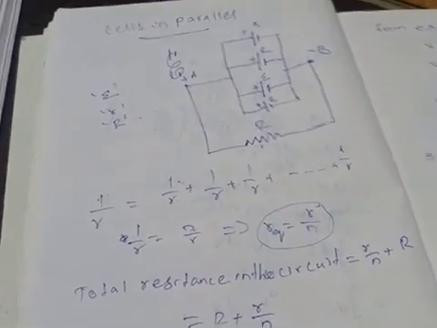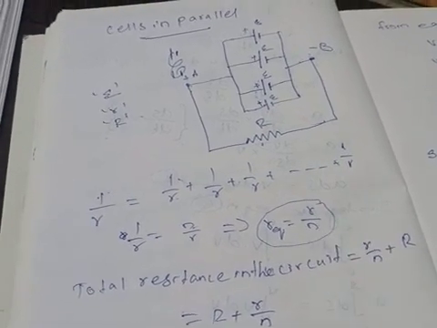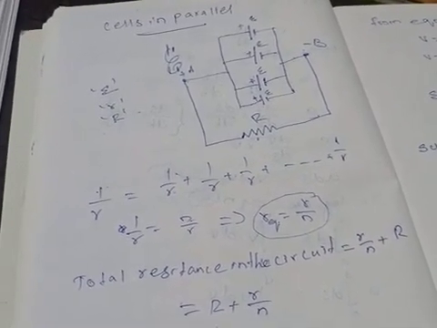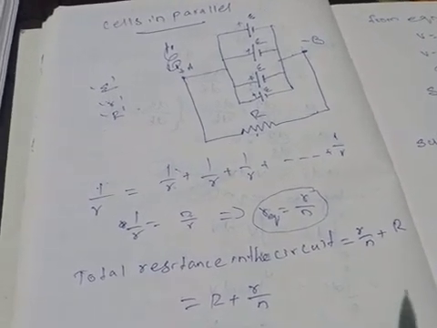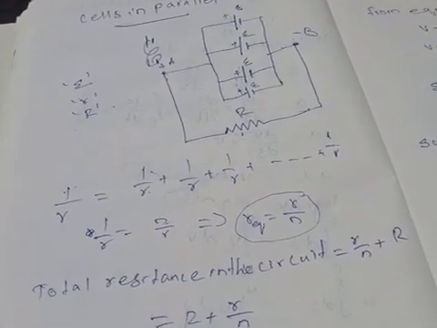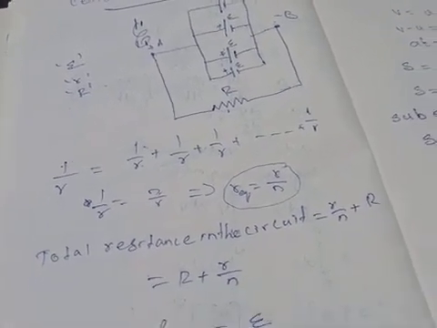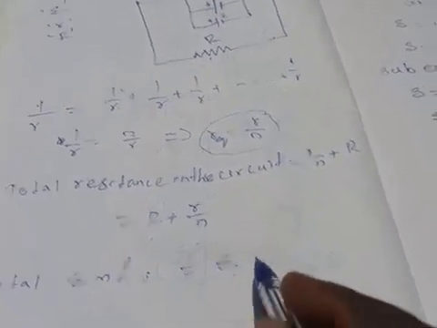Here many cells are connected, but the total EMF is the EMF of a single cell. But in the series circuit, the total current is equal to the current of a single cell. You remember these 2 points. So the total EMF is equal to epsilon.